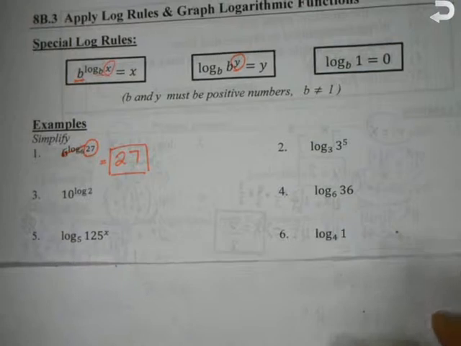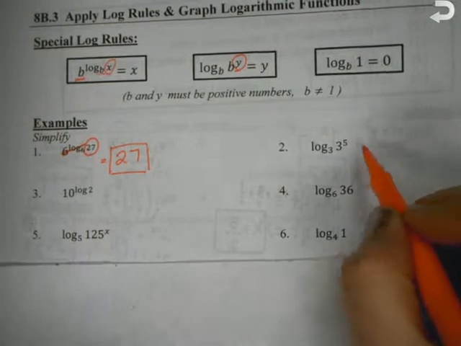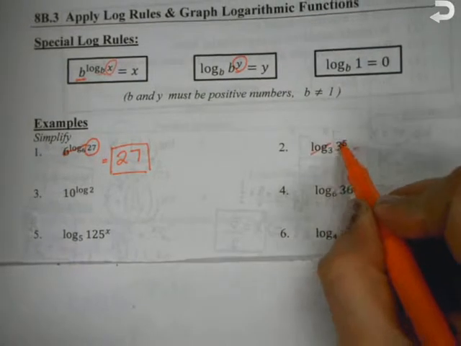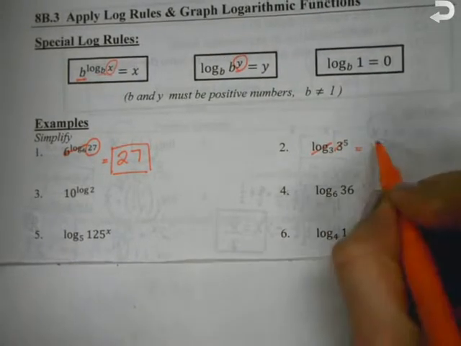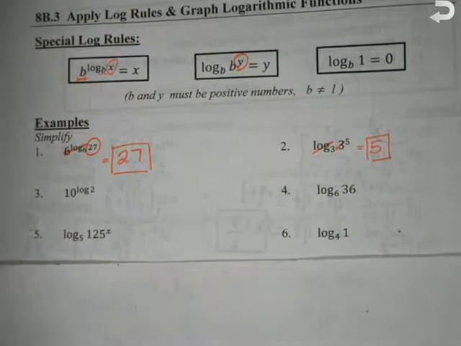Okay, so what about number 2? I have 3 to the log base 3 of 5. So what's my answer going to be? 5. That log base 3 and the 3 cancel out, so our answer is just 5. Okay, what about number 3?